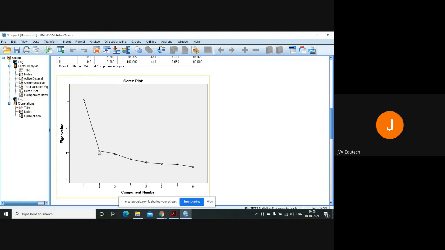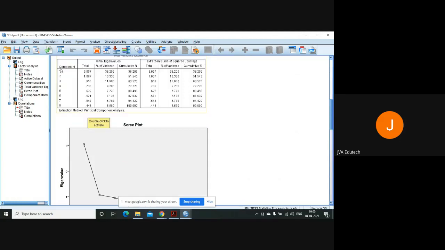The scree plot tells you, whenever you plot a scree plot, after the point of inflection, the point at which it is inflecting or going flat or going downwards, you have to mark that point and only that number of factors has to be extracted.